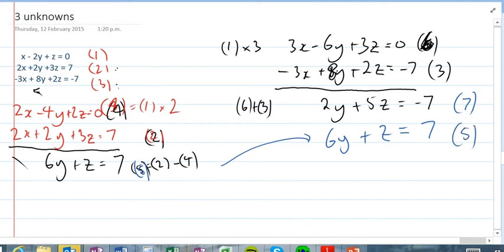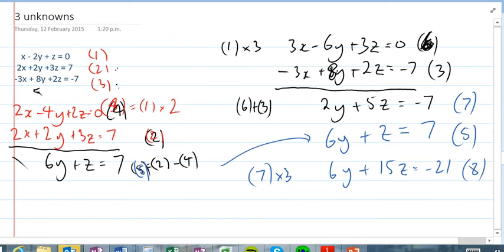So now what could I do? I could just times equation 7, so I get the same amount of y, so I could just times that by 3, and I get 6y plus 15z equals minus 21. That's going to be equation 8.